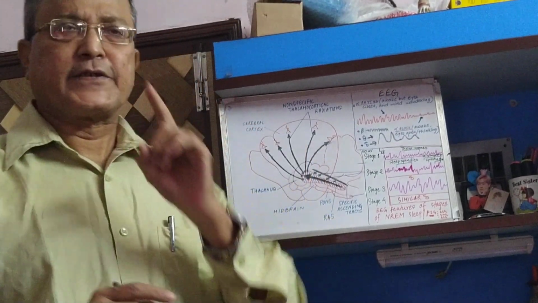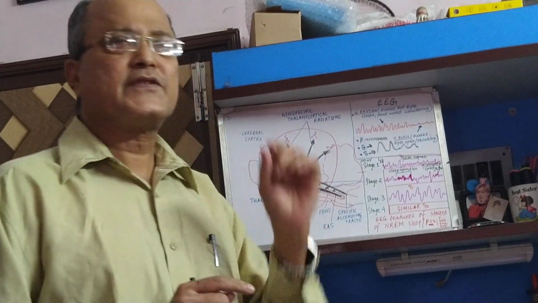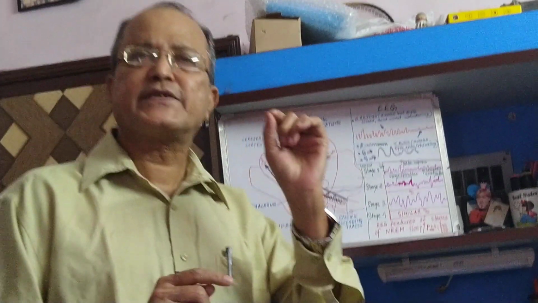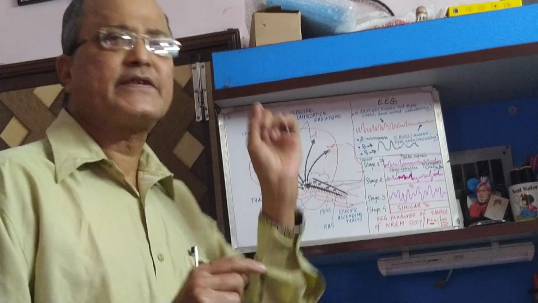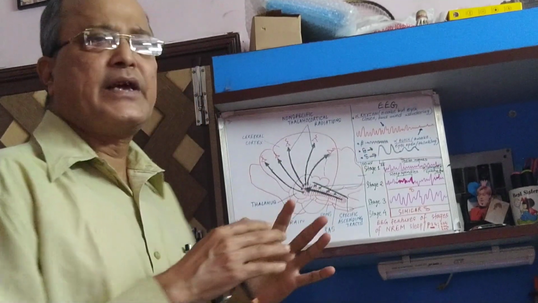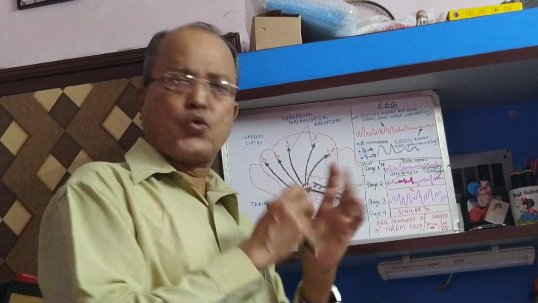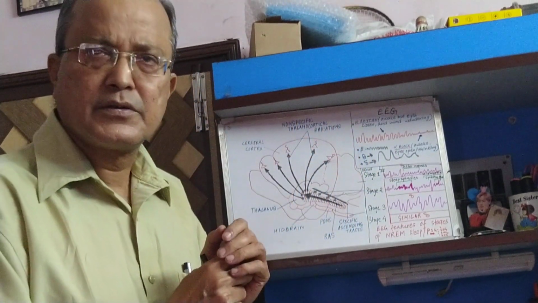Now, in this respect, another important thing must be emphasized. What is the sleep wakefulness cycle? Very, very important. Say, for example, a person sleeps 8 hours in a day. So, quite naturally, he remains wakeful for 16 hours.